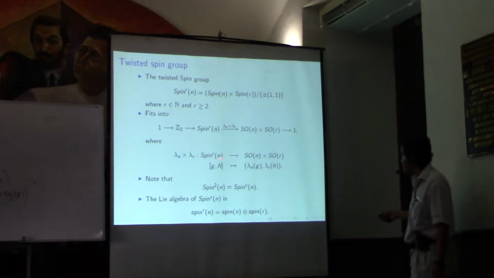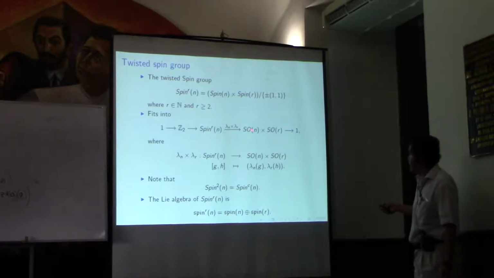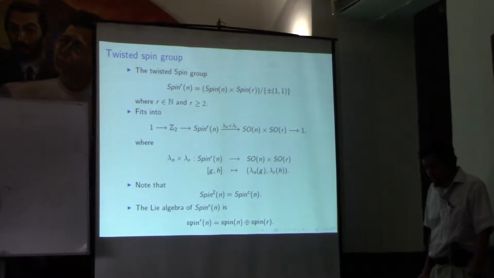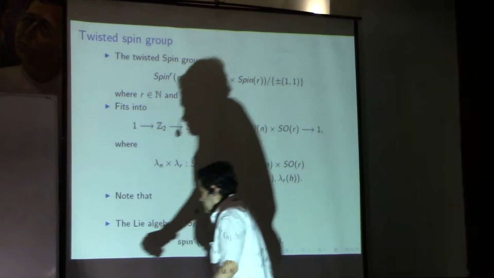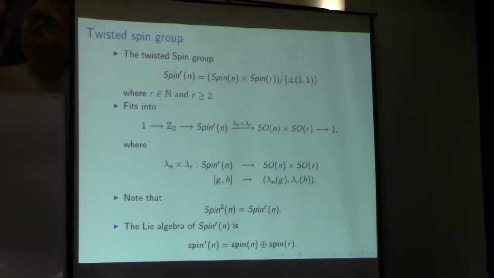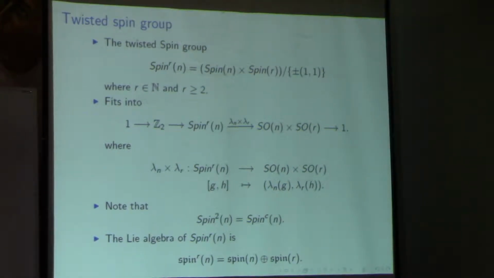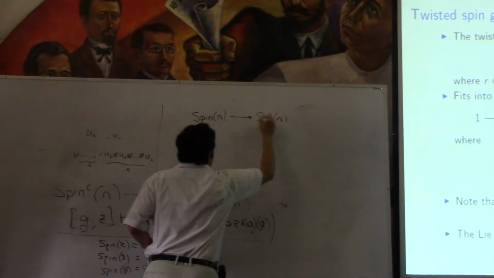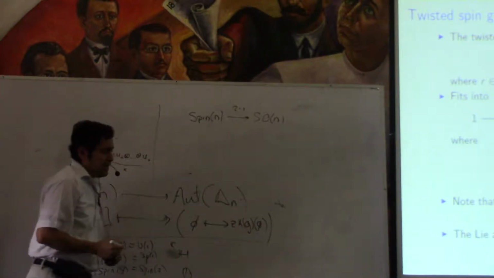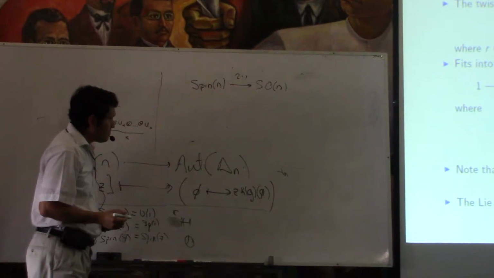And this map is just taking, however, let me make it explicit, Spin n is 2 to 1. And now how do you see that?